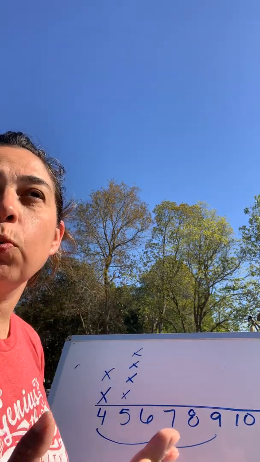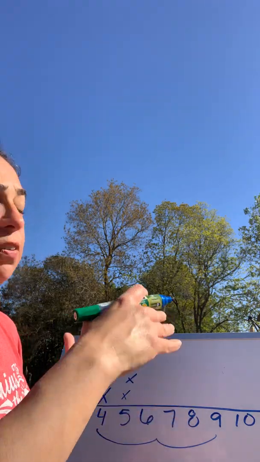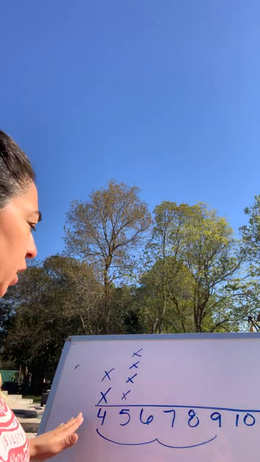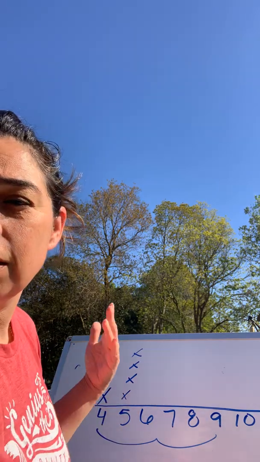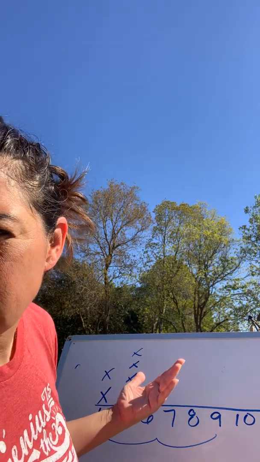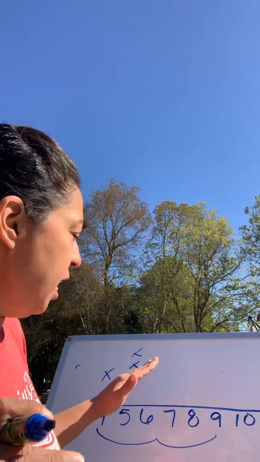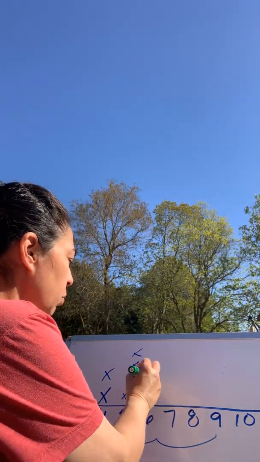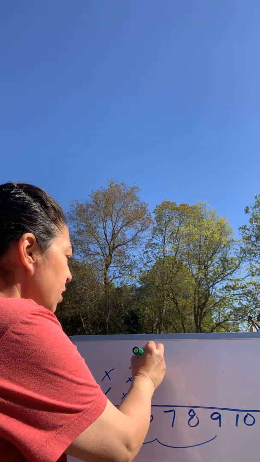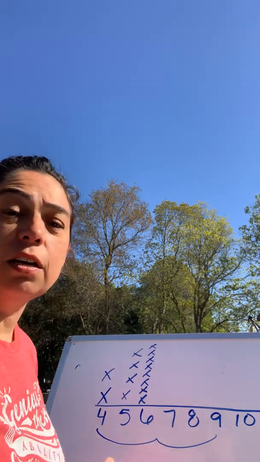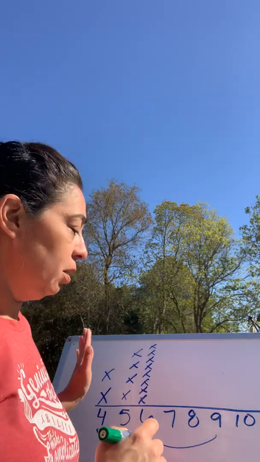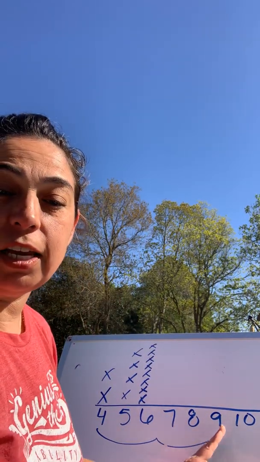So there's 4 names that had 5 letters. Where we have the tally marks, now we're just converting it to X's. So for 6, there was a total of 8. 1, 2, 3, 4, 5, 6, 7, 8. So we're just converting all of those tally marks into X's. You're going to do the same for 8 and 9.